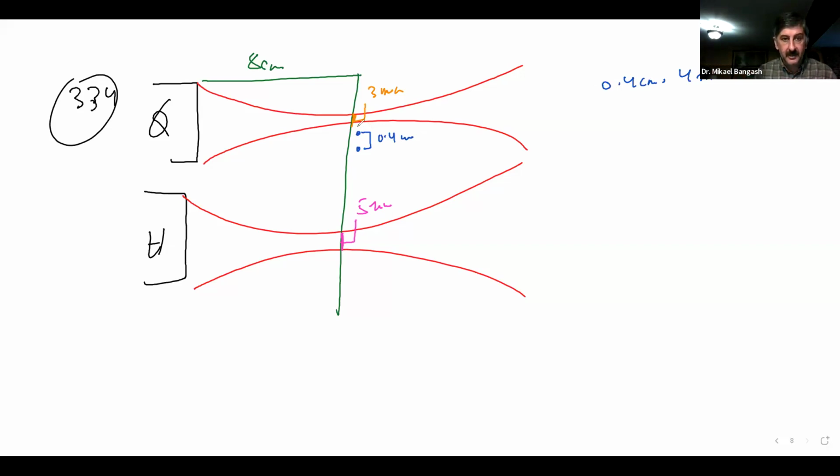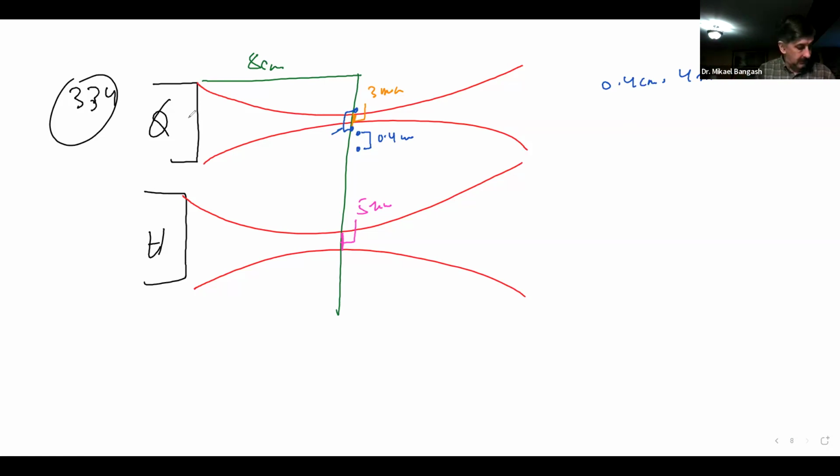So if the two structures which are side by side are 4 millimeters apart, which of these two beams will clearly display those two structures? Here the width of your beam is 3 millimeters, and the distance was 4 millimeters.